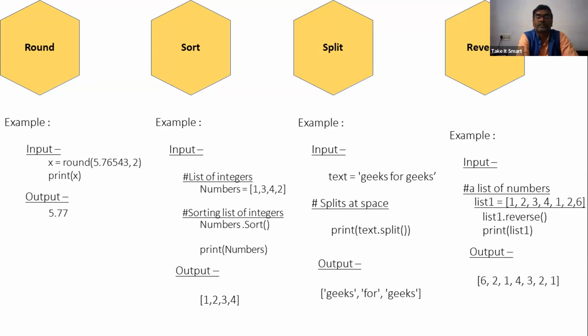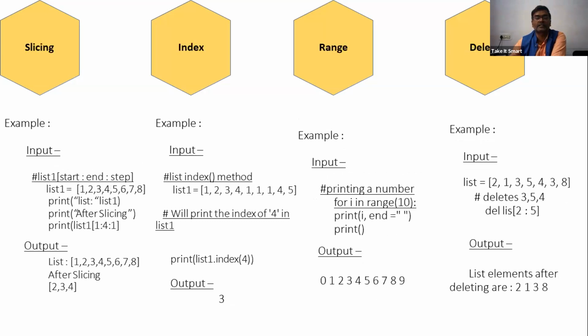So this is splitting: splitting a line, a phrase, a paragraph. Fine. Another function is reverse. 1 2 3 4 1 2 6 reversed will be 6 2 1 4. Fine. I hope everybody understood.